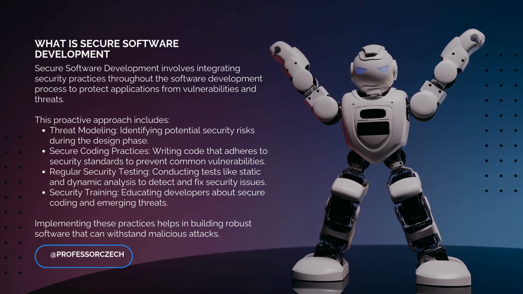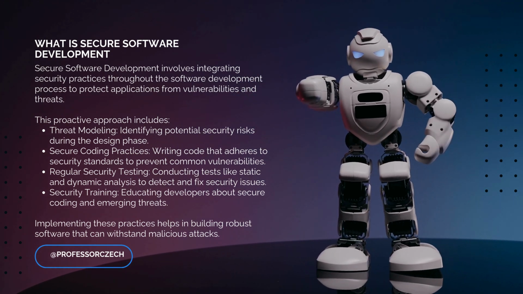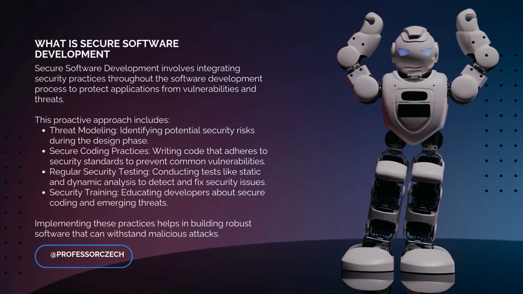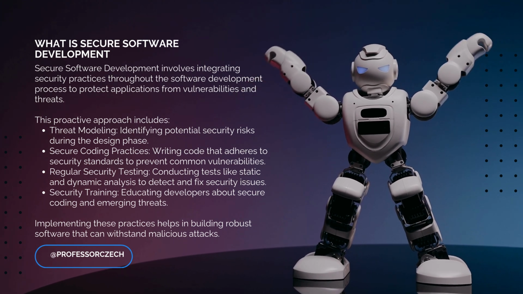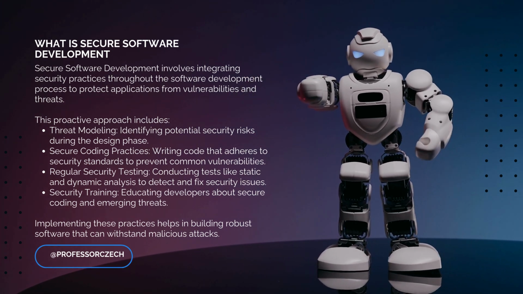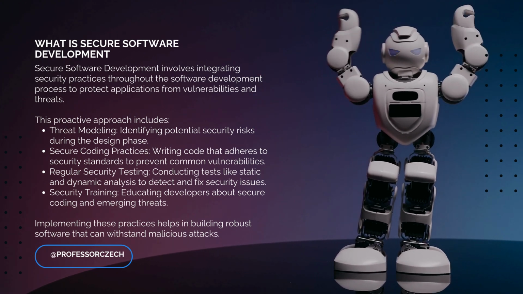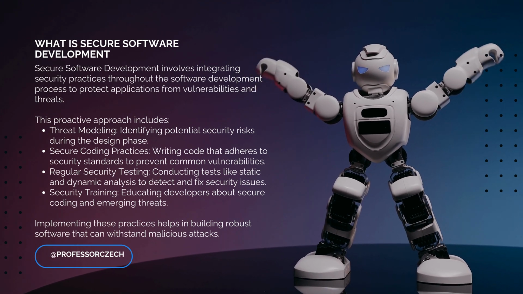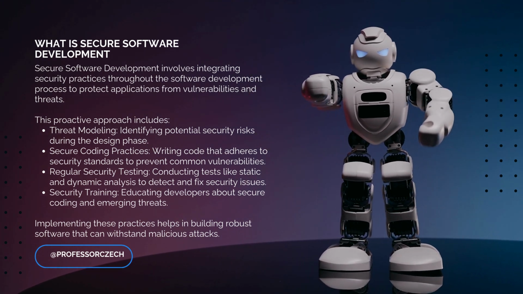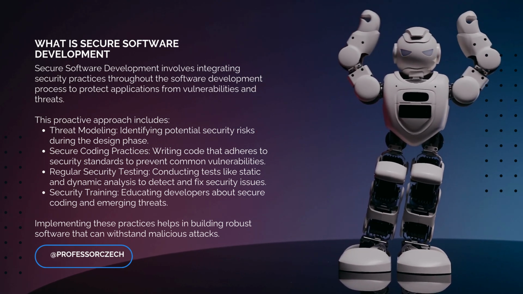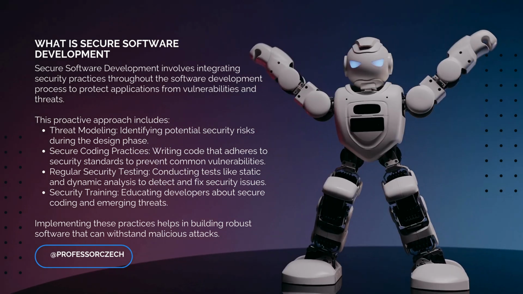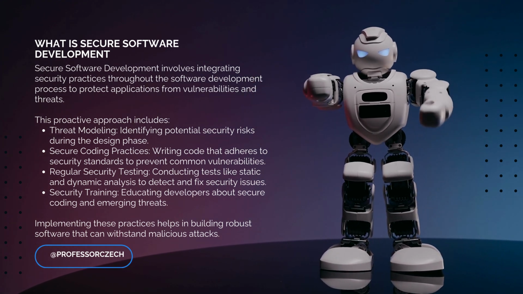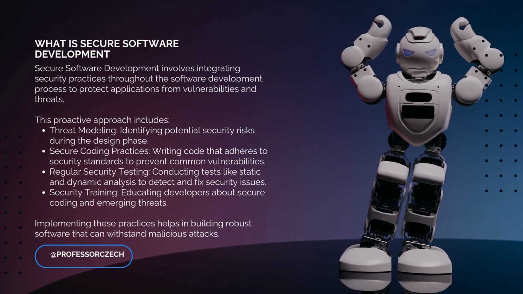This proactive approach includes threat modeling for identifying potential security risks during the design phase, secure coding practices for writing code that adheres to security standards and preventing common vulnerabilities, regular security testing for conducting tests like static and dynamic analysis to detect and fix security issues, and then security training for educating developers about secure coding and emerging threats. So implementing these practices will help you build out software that can withstand malicious attacks.